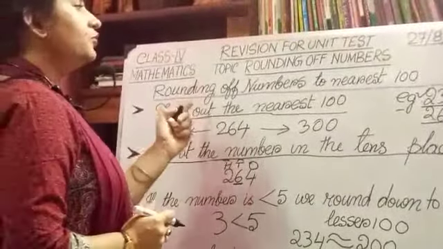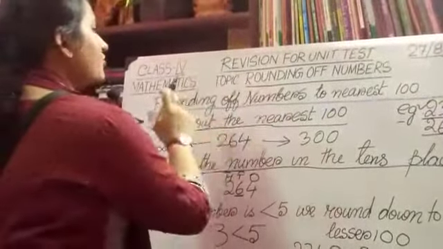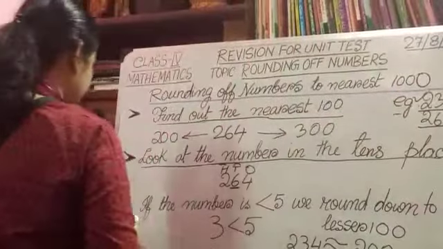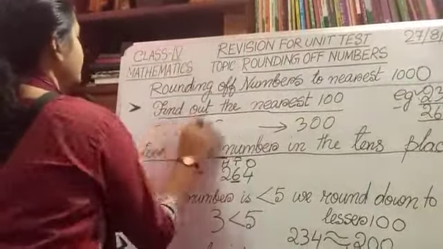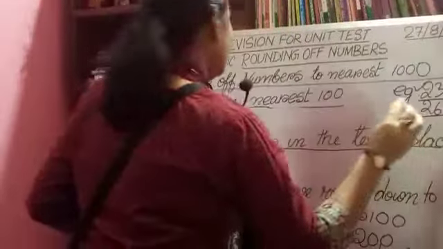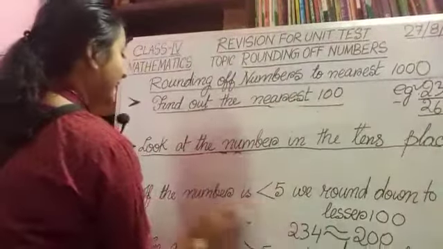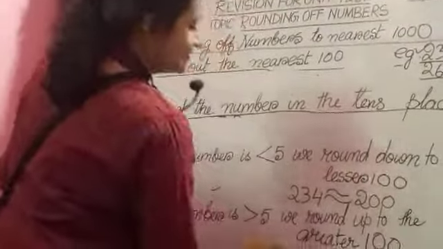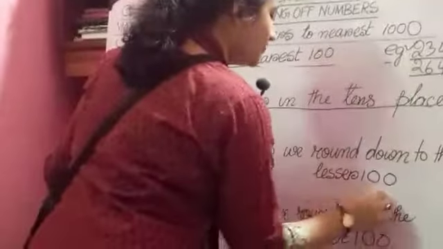Now, I'll move on to my next topic, that is rounding of numbers to their nearest thousands. One thing, children: following these basic steps only, you will be able to do those sums.